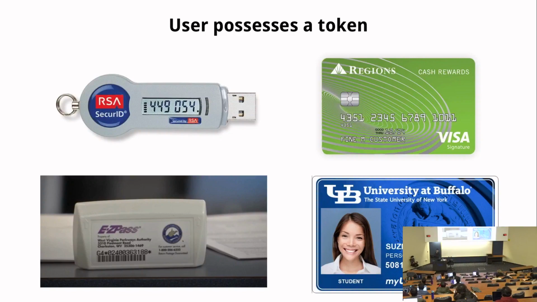Also, if you drive, you may have an Easy Pass to pay your tolls. The Easy Pass is also a device that does a challenge response protocol with the roadside devices. Also, your credit card. Most credit cards right now have a smart card there. That small thing is called a smart card.